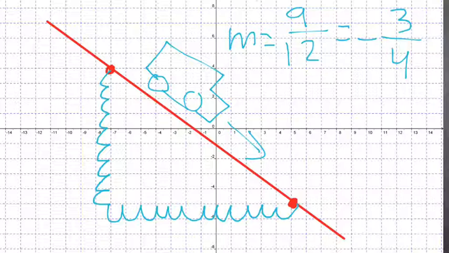But no matter what, it should be your last little question, whether it's a positive line or a negative line. What really matters is locating those 2 points, rising and running, making sure it's as simplified as possible, then worrying about positive or negative.